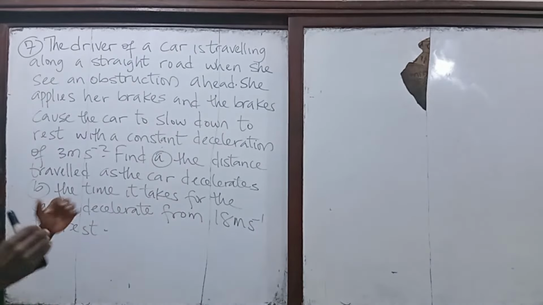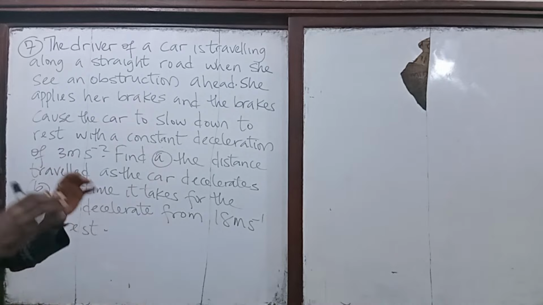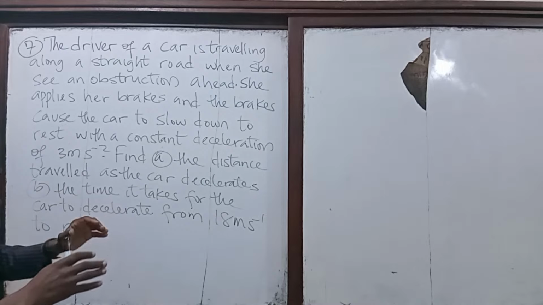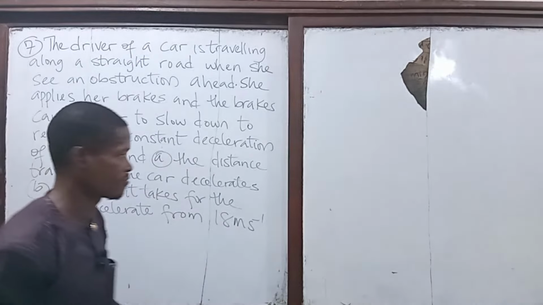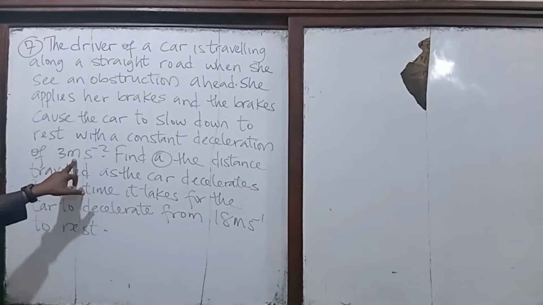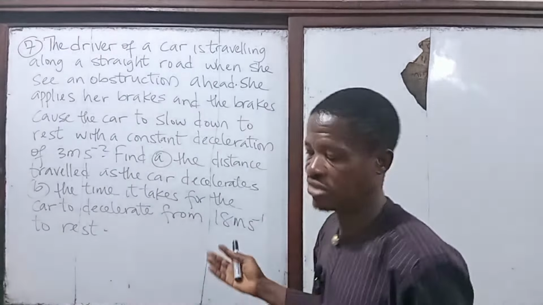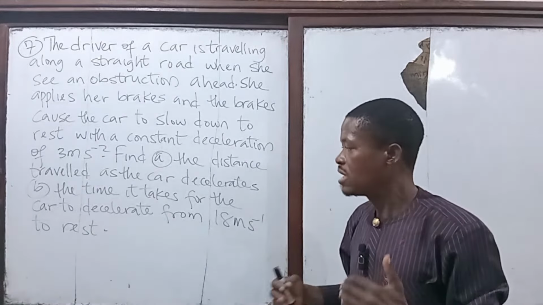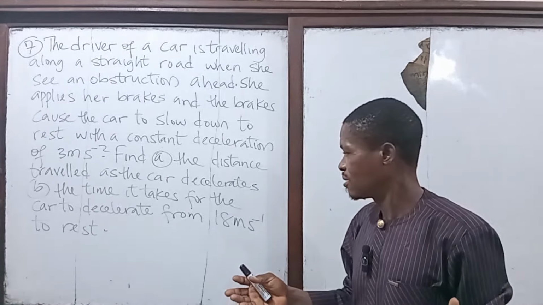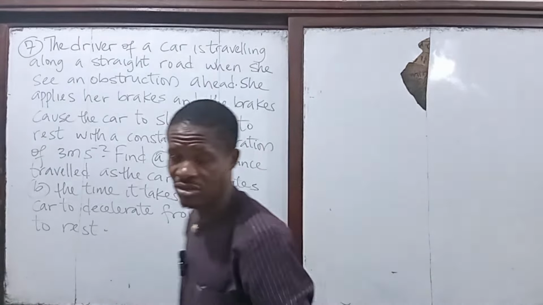She applies her brakes, and the brakes cause the car to slow down to rest with a constant deceleration of 3 meters per second squared. Find A, the distance traveled as the car decelerates. B, the time it takes for the car to decelerate from 18 meters per second to rest.